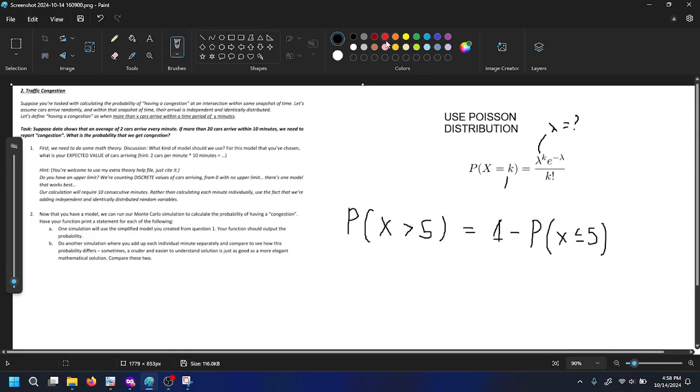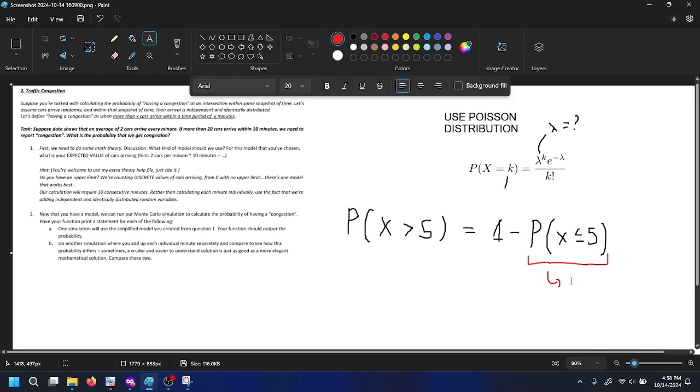And this probability is really straightforward to find with a computer. That probability is obtained from a special place called a cumulative distribution function, which is CDF for short.